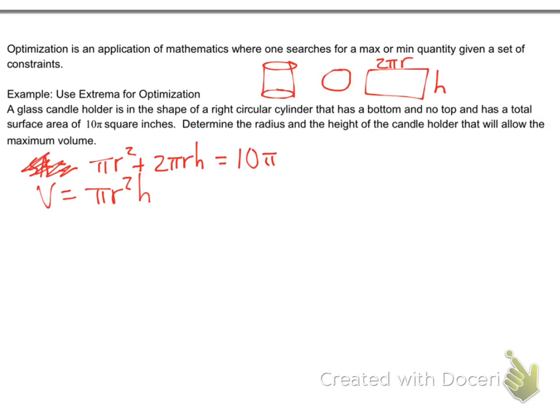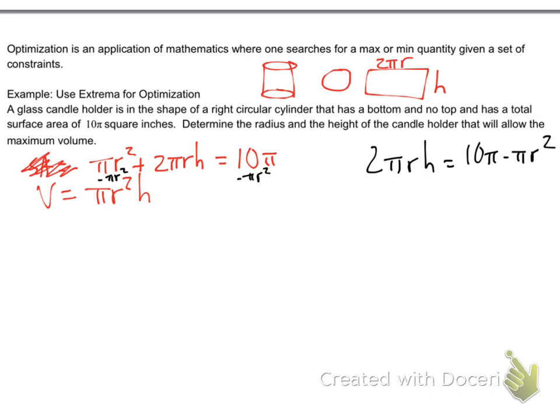So what would be the first step in getting that H by itself? Divide by 2 pi r. I'm not going to divide by 2 pi r yet, because there's other things there. I'm going to subtract the pi r squared from both sides. 2 pi r h equals 10 pi minus pi r squared.